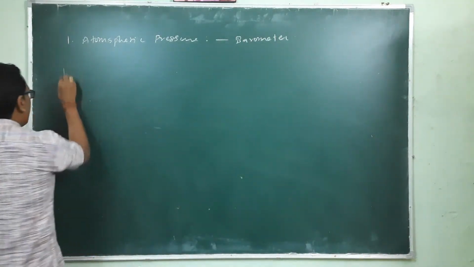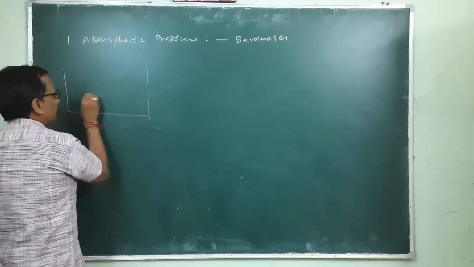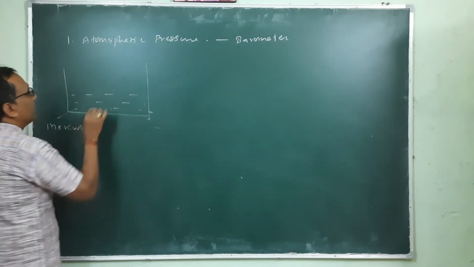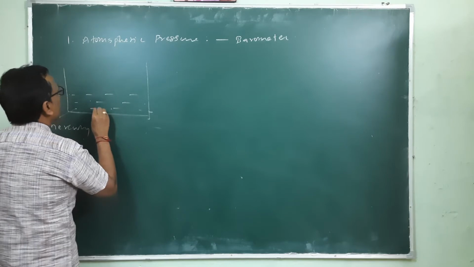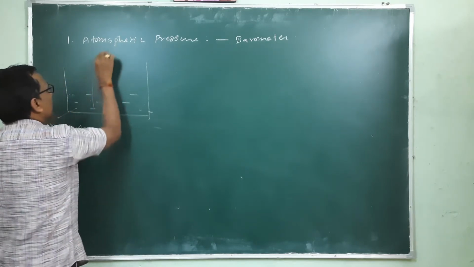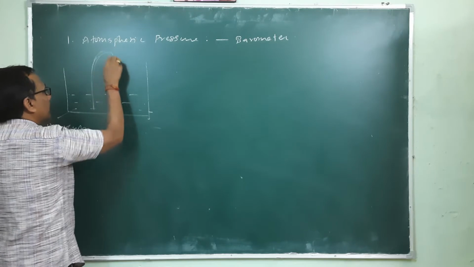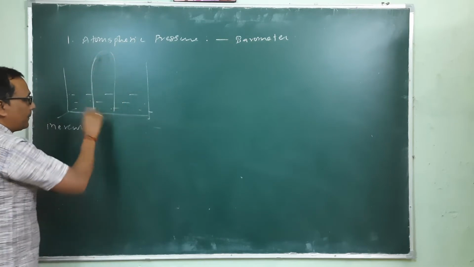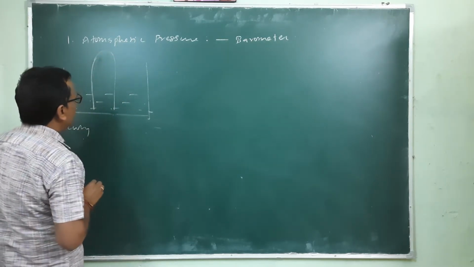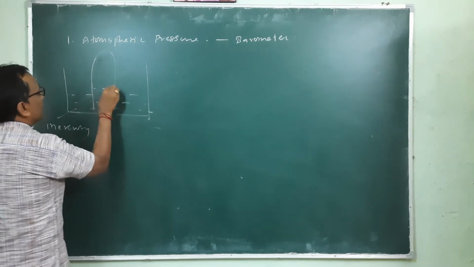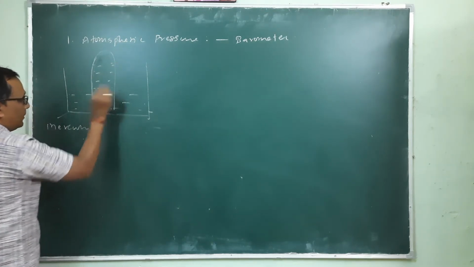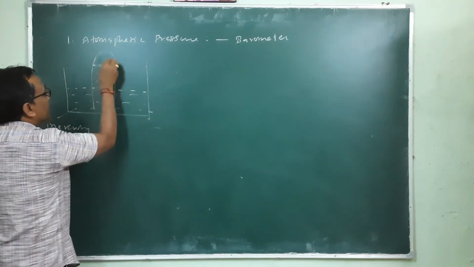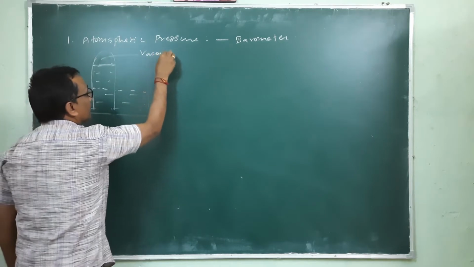If we have this container filled with mercury, and we use one cylindrical tube filled with mercury and turn it, keeping its mouth down in the filled mercury, then this is the new position of the mercury up to this point, and a vacuum is created.